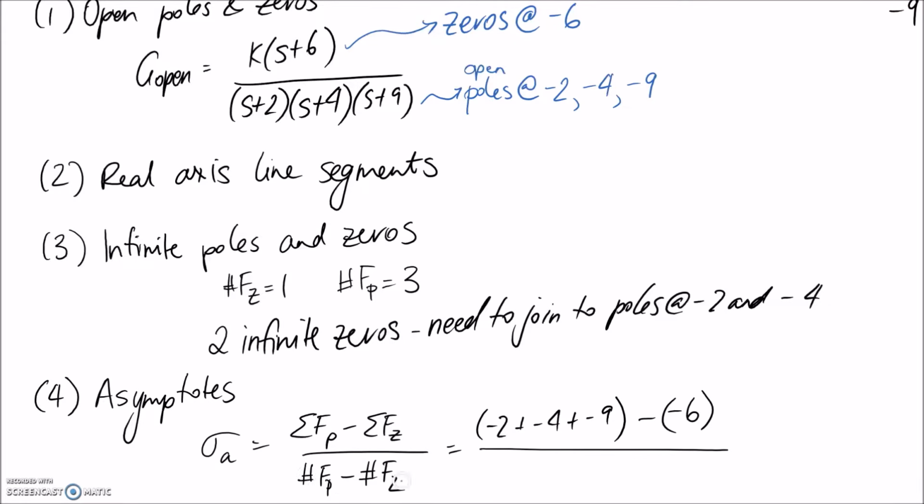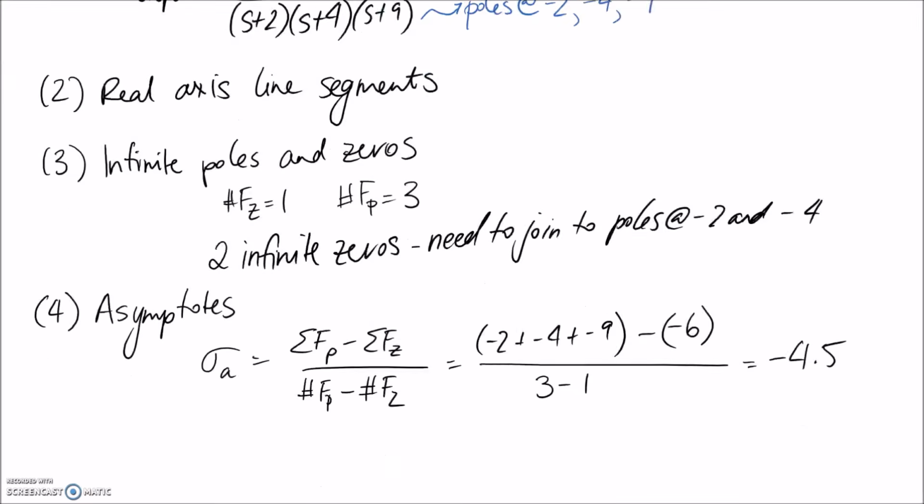So it gets divided by the number of finite poles and zeros, and we work those out as well. We've written them down here. It's going to be 3 minus 1. So if you put this in a calculator, you find out that your asymptote is going to cross the real axis at -4.5.